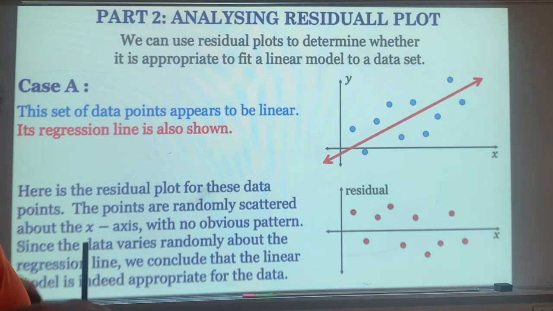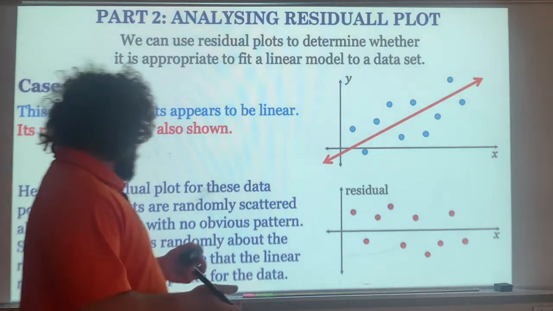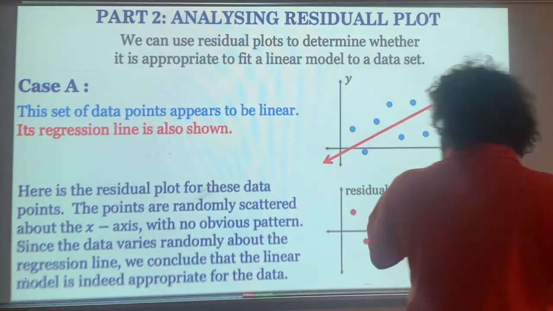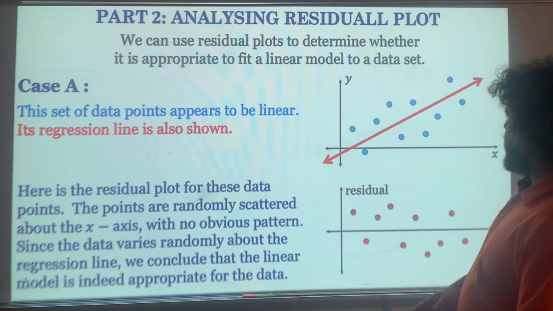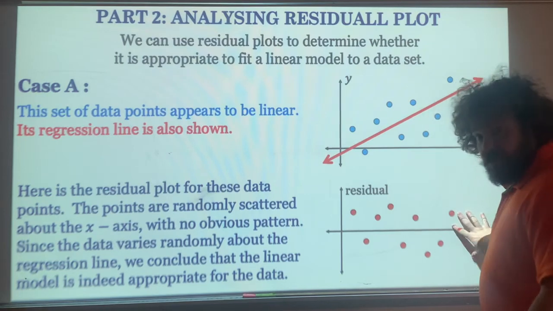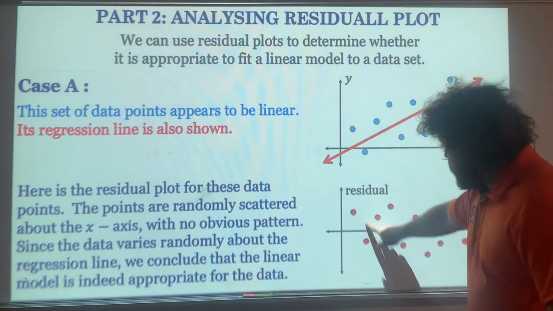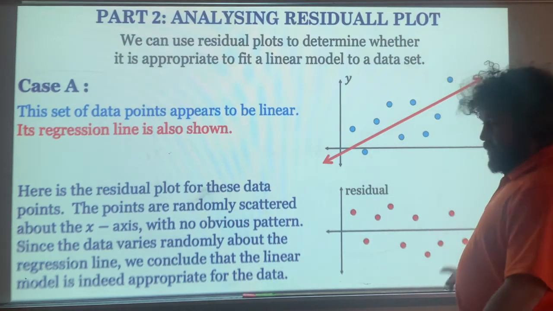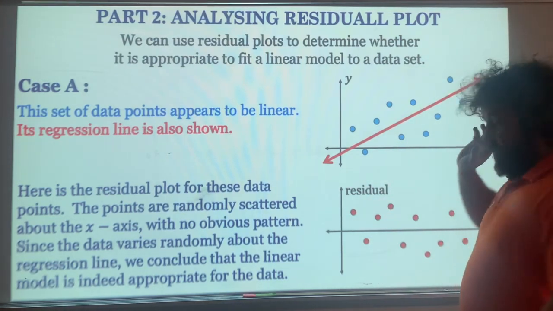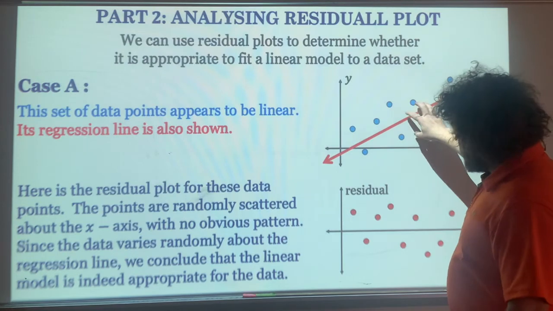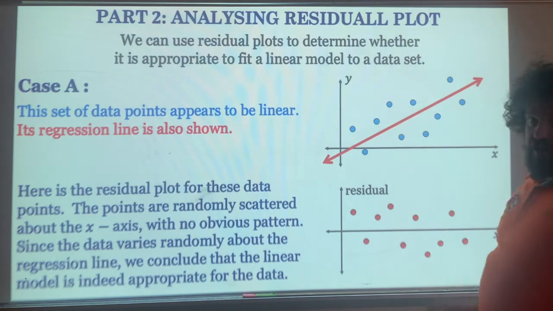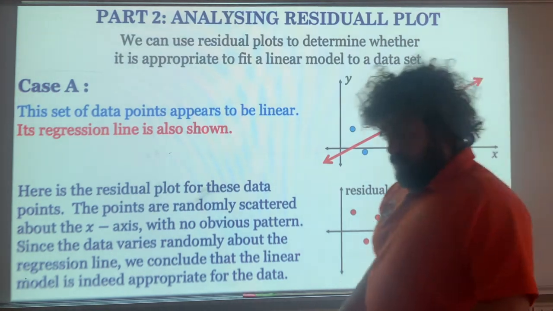Since the data varies randomly about the regression line, we can conclude that the linear model is indeed appropriate for the data. Because these points are all scattered, you don't see a U or an upside down U or a wave with the residuals, that means this is most likely a linear graph. They're just the same distance away.